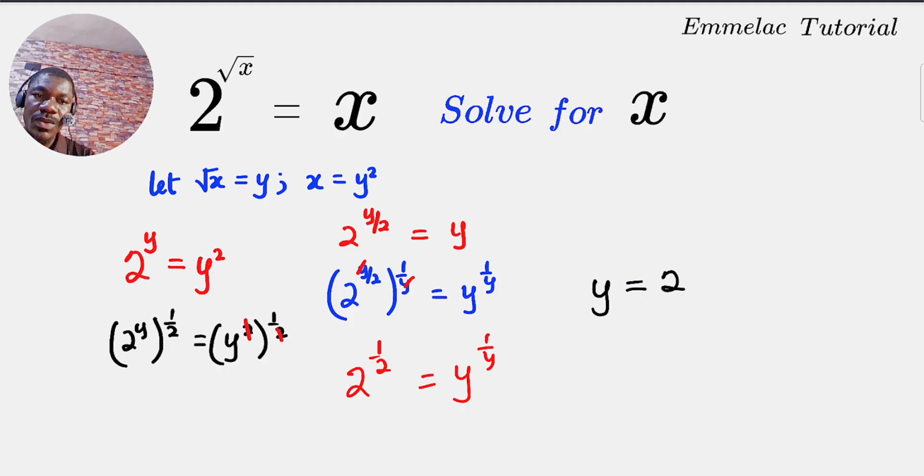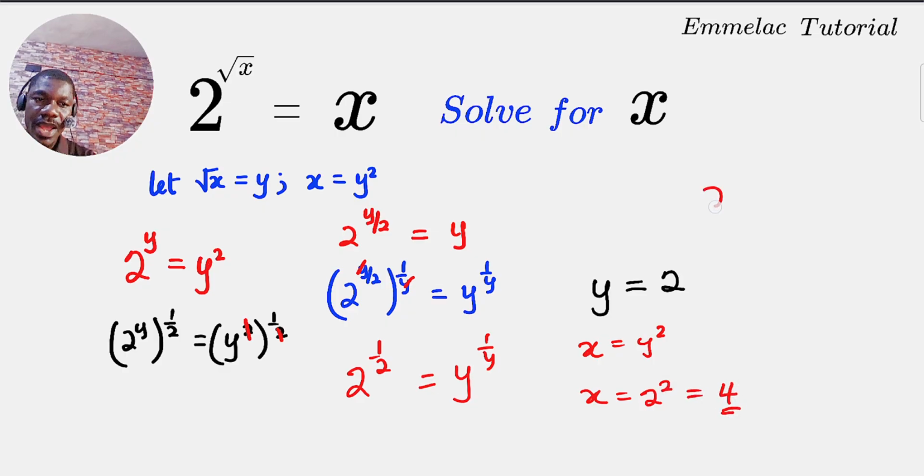But take note, we are requested to find the value of x, and take note that x equals y squared. So let's just make that. So here we can see x equals y squared, and y here is 2. So here you have that x equals 2 squared, which is 4. So x equals 4 using this method.